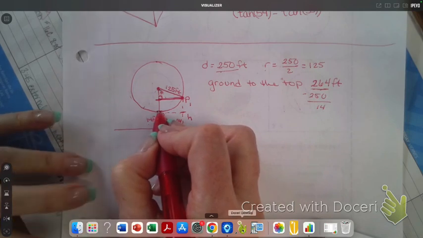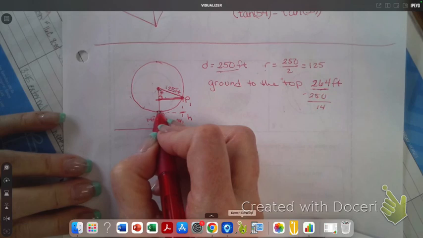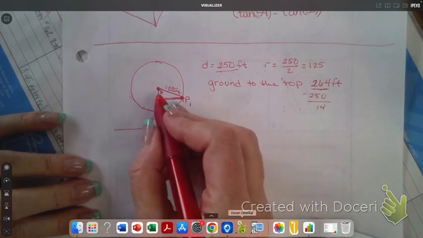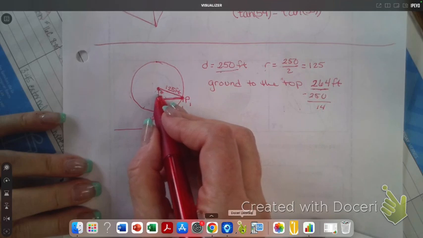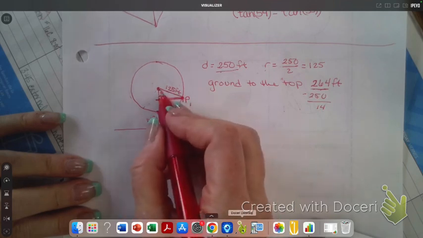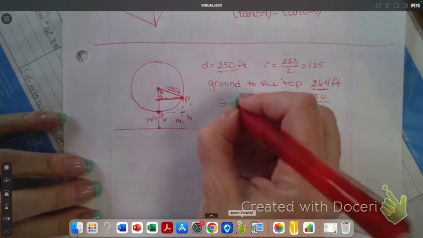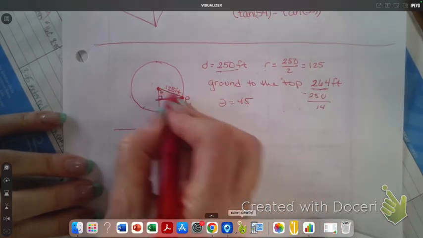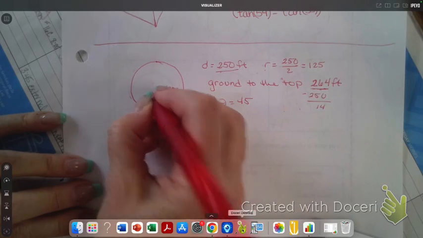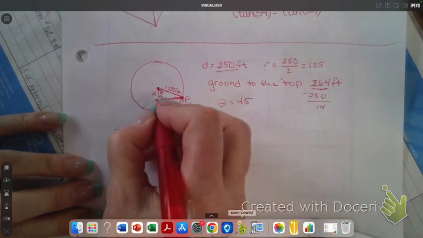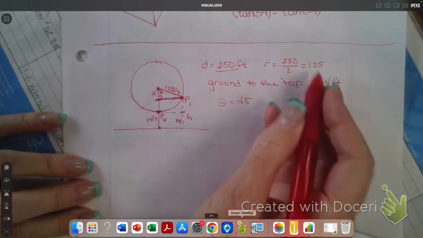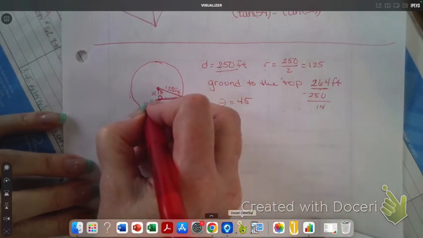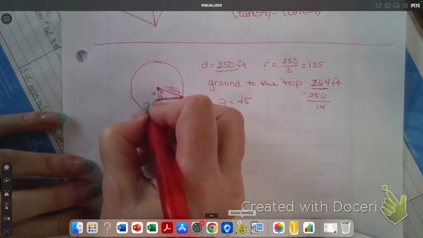What part of the radius does it not include? The part in the triangle. Can we find that part of the triangle? Yeah, because we have the angle, theta is 45, and we have the hypotenuse, so can we find this x? So this piece we need is 125 minus x.